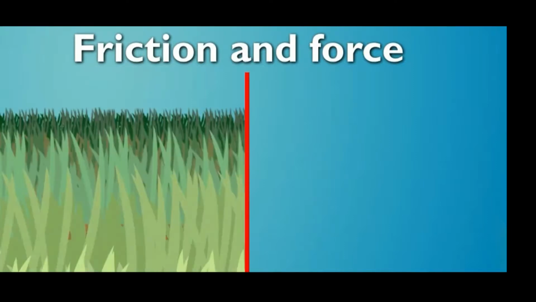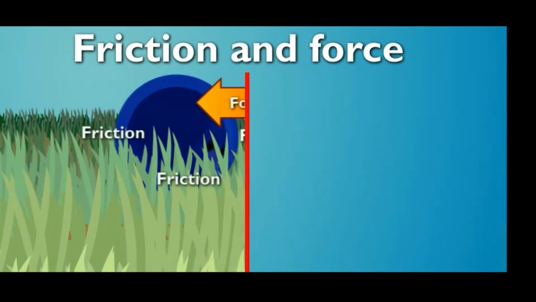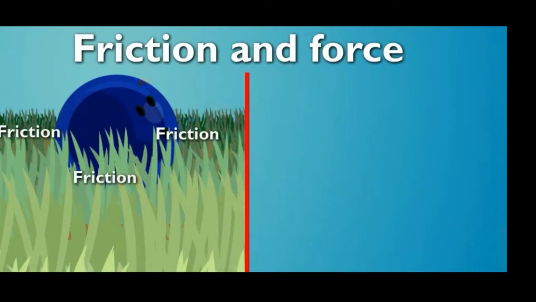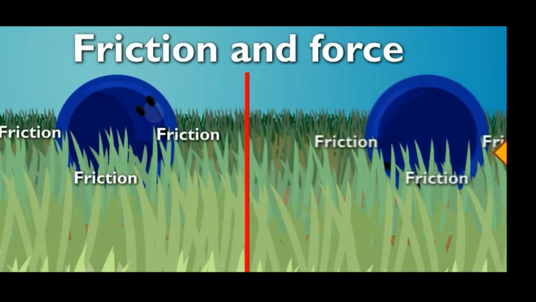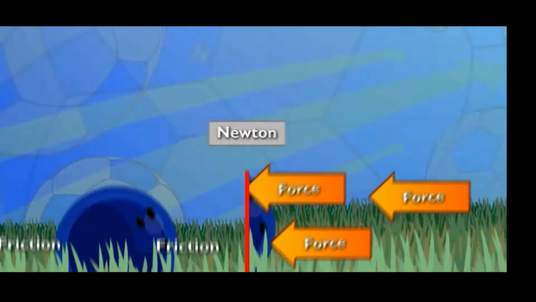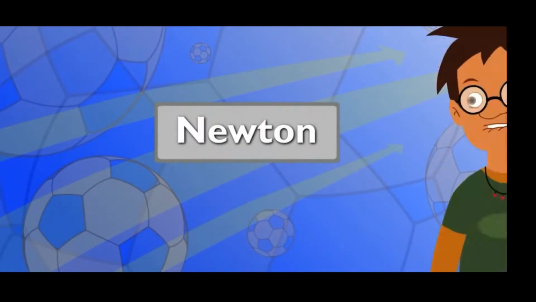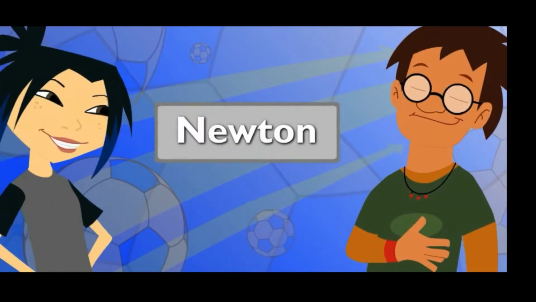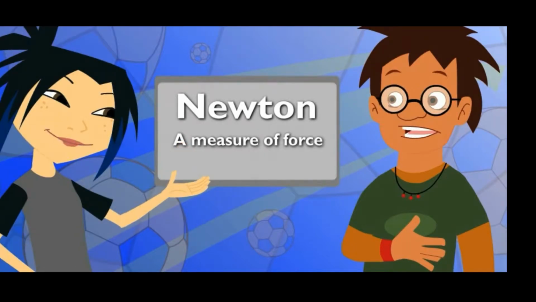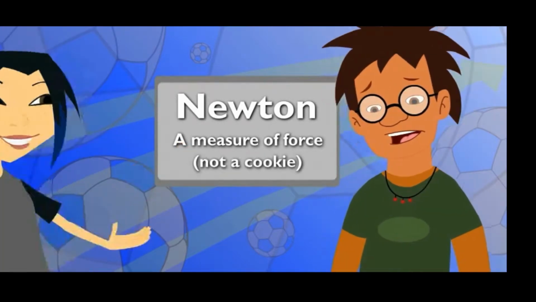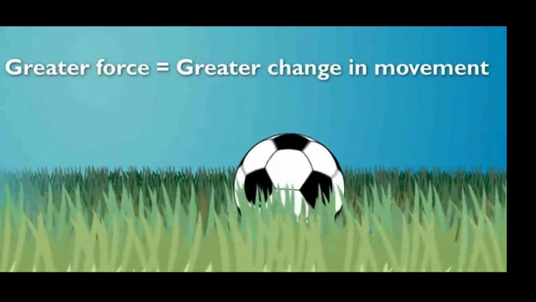Definitely. So then how do we beat the force of friction and get the ball to keep moving? Well, the more friction there is... Oh, the more force you need to apply? Exactly. Or more newtons. Fig newtons. No, Sam. A newton is a measure of force. Anyway, you were right. Greater force equals a greater change in movement.